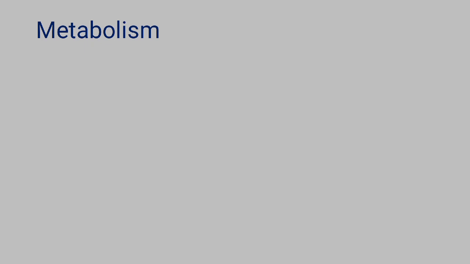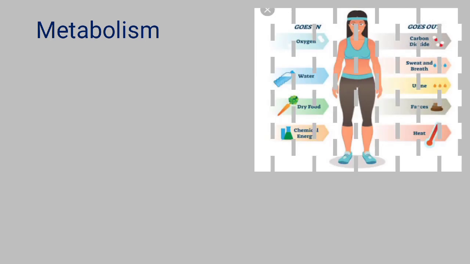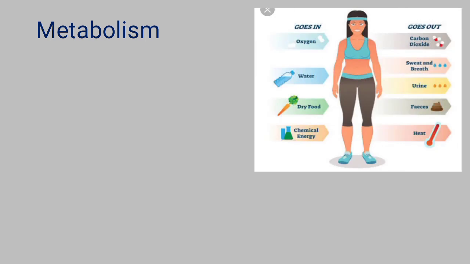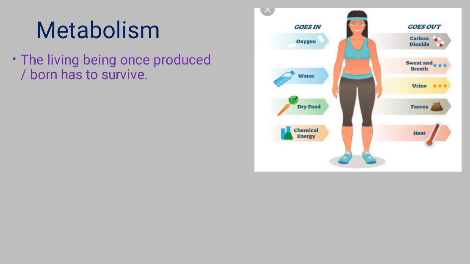First is metabolism. What is metabolism? Now you can see the diagram here, that is the picture. This picture shows that the living being once born has to survive. Whichever living organism is present on earth, they have taken birth, and as they are born, they have to survive.